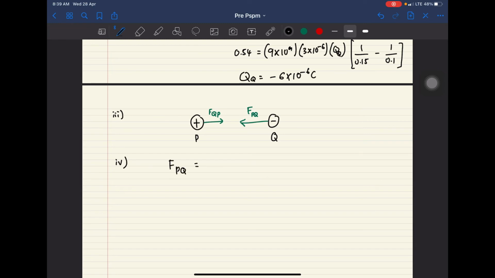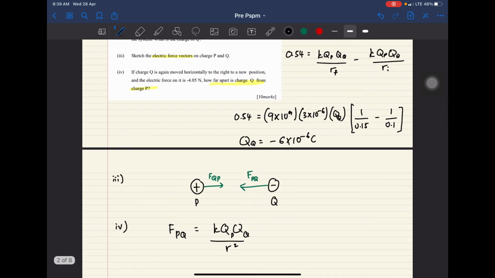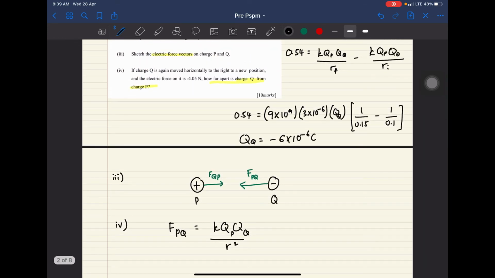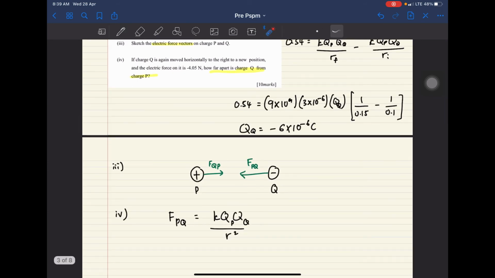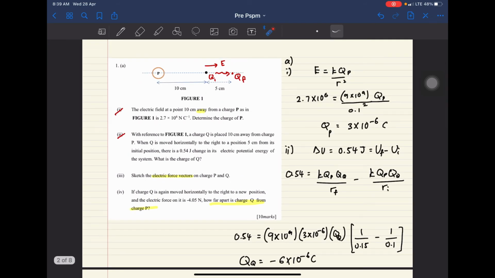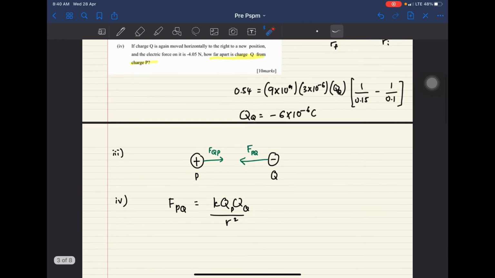F on PQ equals KQQ over R squared, where one of these is Q and one of these is P. So the force is negative 4.05. I think the negative indicates that it is being pulled to the left, which makes sense if you look at this. And I think the main reason is because this one is positive. Okay, so because this one is positive, it means that this one is moving to the right. Since this one says negative, it means it is to the left.